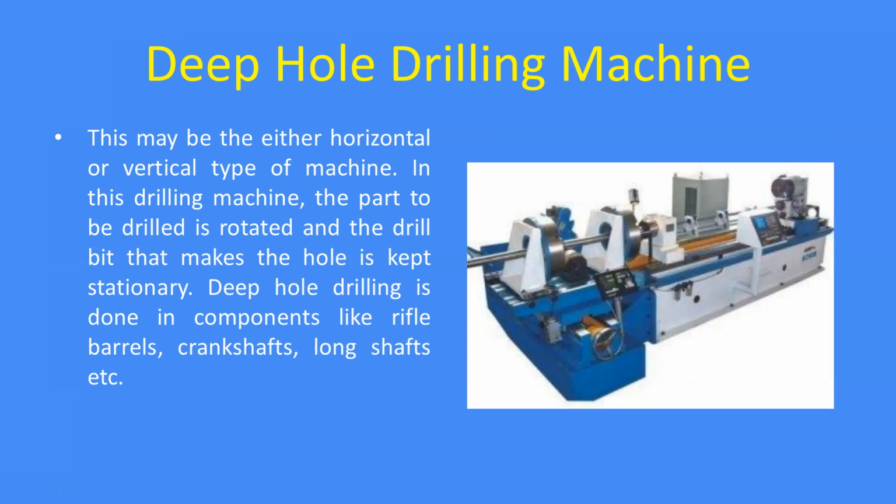For example, if you take a part and want to make a hole in it, that part is rotated and the drill bit is kept stationary. Deep drilling is done in components like rifle barrels, crankshafts, long shafts, etc.